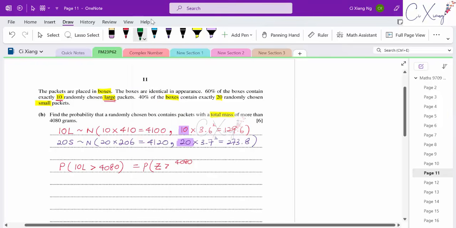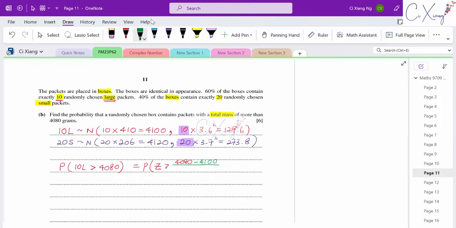So for the mean here, it will be minus 4100 divided by the standard deviation. So divide by the square root of 129.6. Okay, so we get the value for Z correct to 3 decimal places. We have negative 1.757.